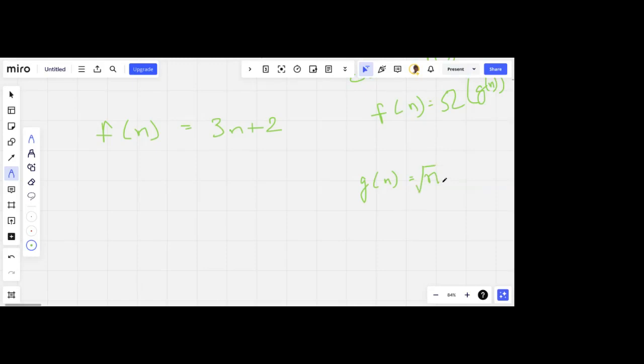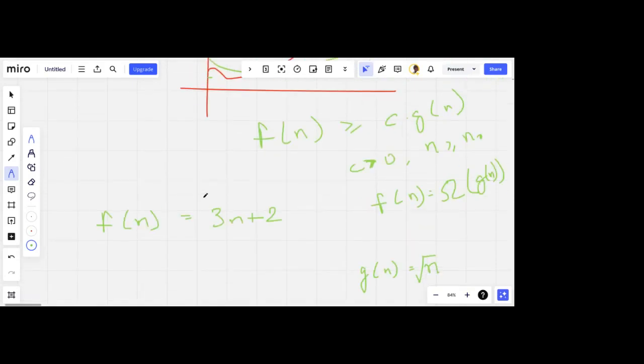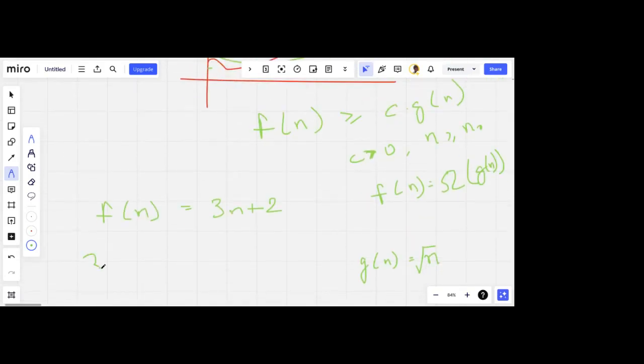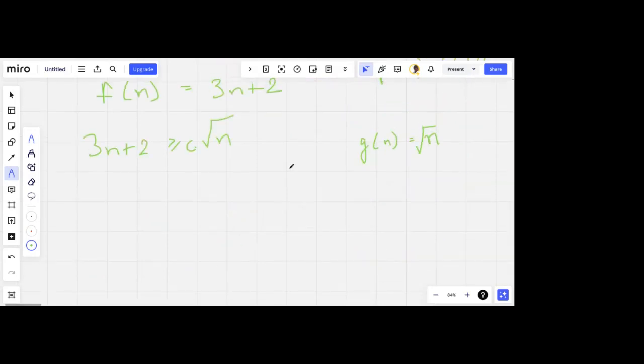Okay, now guys, can I prove that 3n plus 2 is greater than or equal to c into root n for any value of c? Can I prove this, guys? I can prove this, right? Let's take any constant value of c.